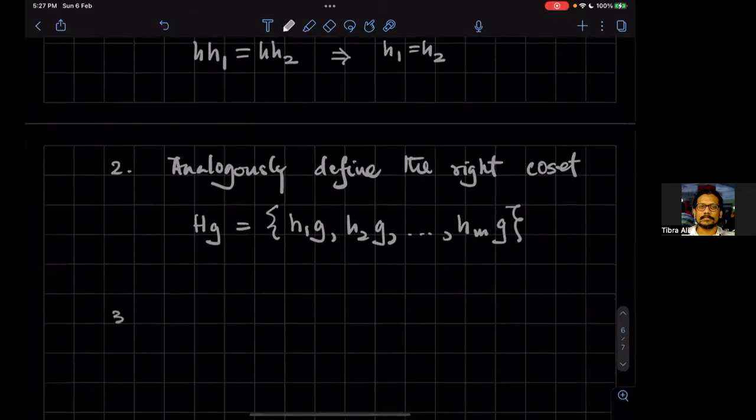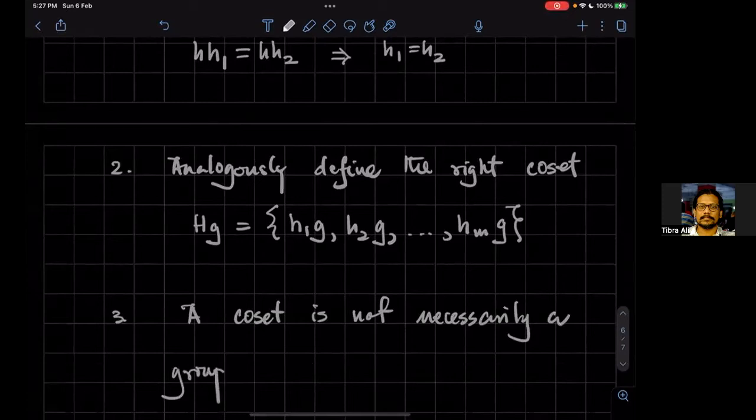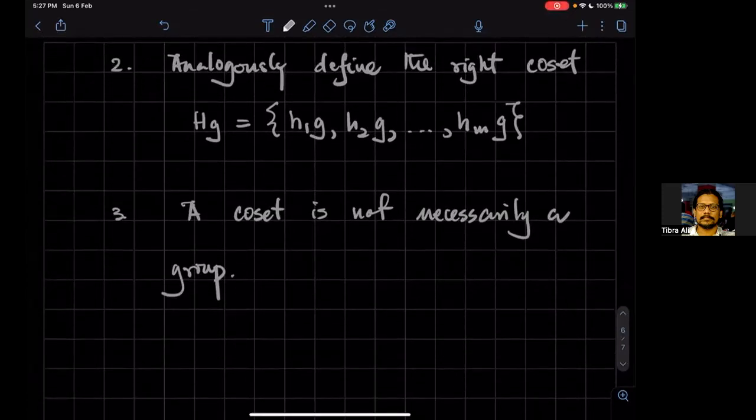Number 3 is that a coset is not necessarily a group. We saw that the trivial coset, eH, is a group, but the other cosets need not be a group, okay?